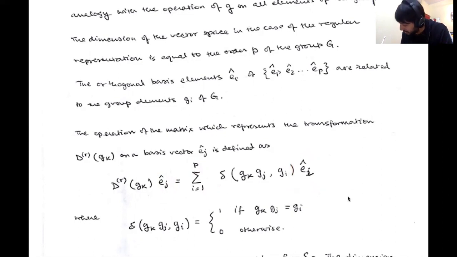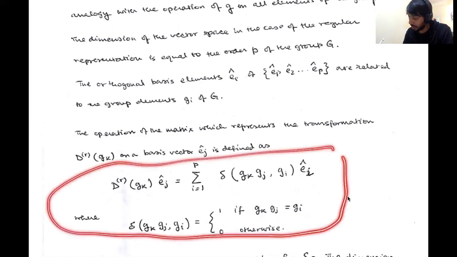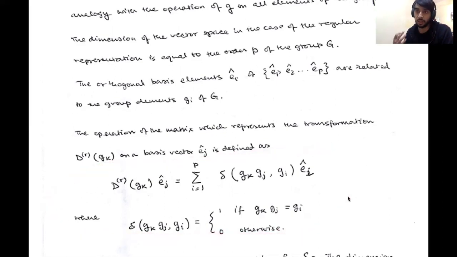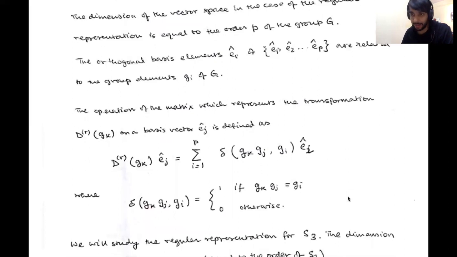So now what is this? The delta of GK GJ, comma GI, is 1 if GK GJ is GI and 0 otherwise, like a usual regular delta function. This might look very abstract, so let's try to understand it in terms of the thing that we are looking at again and again, the word representation in terms of S3.